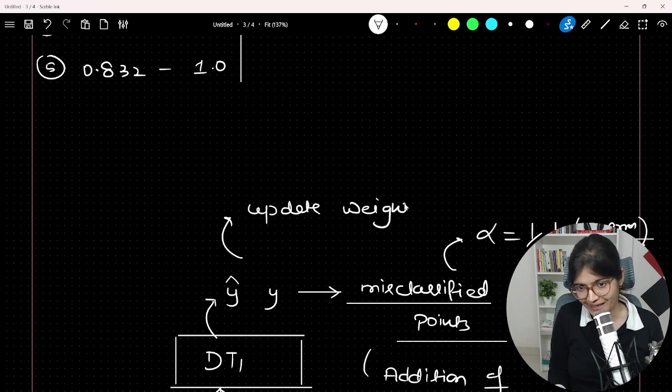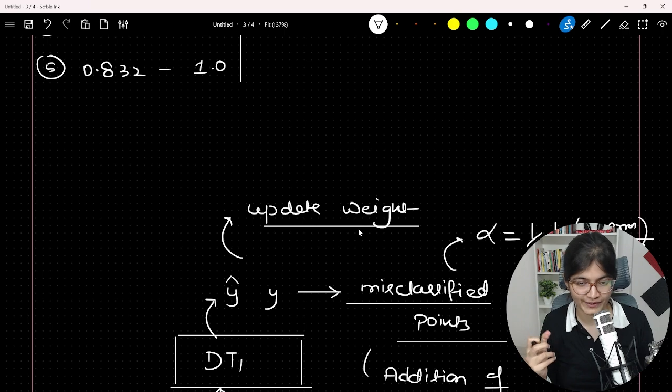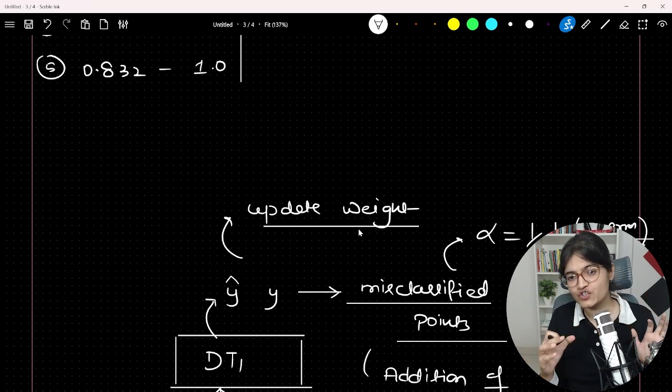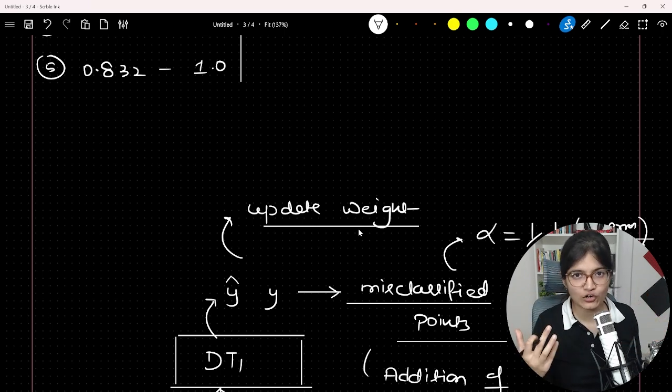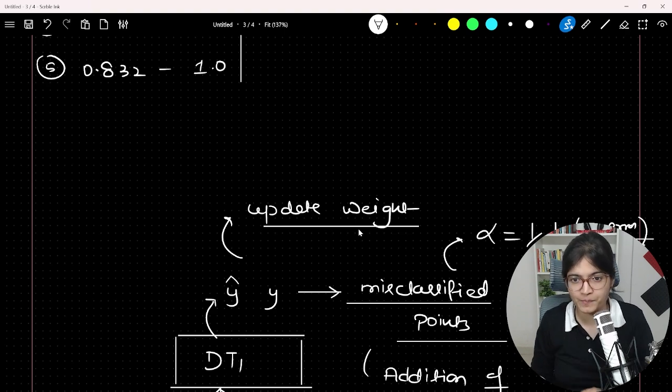Now, this weight update will happen differently for the classified points and misclassified points, because the ultimate task is to increase the value of the original weights for the misclassified points, so that we give more importance to the misclassified points as compared to classified points.